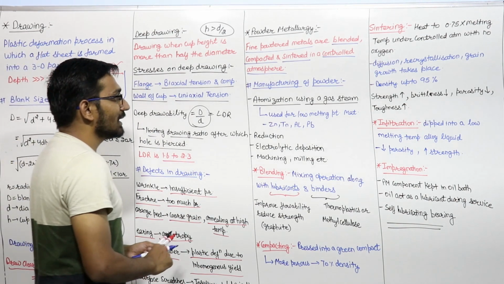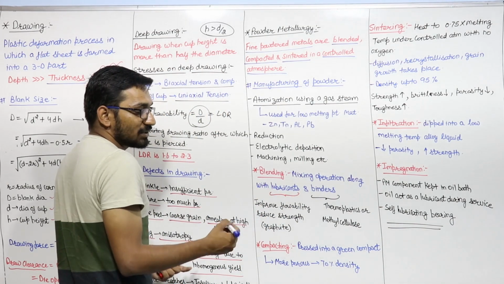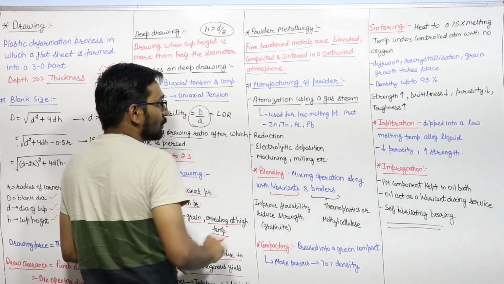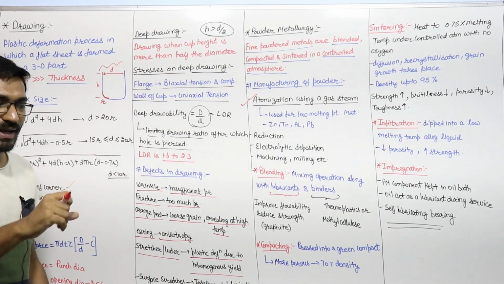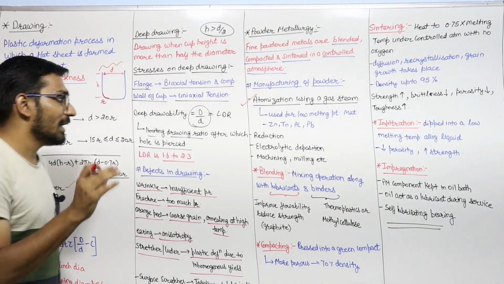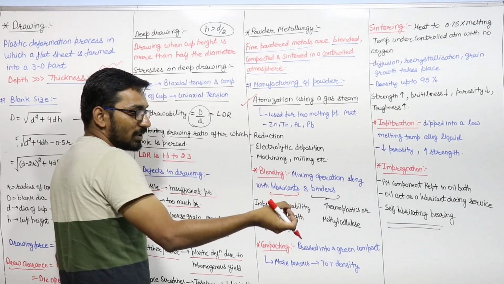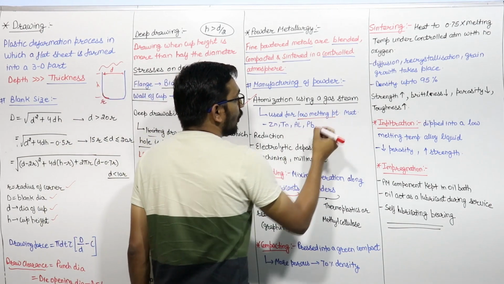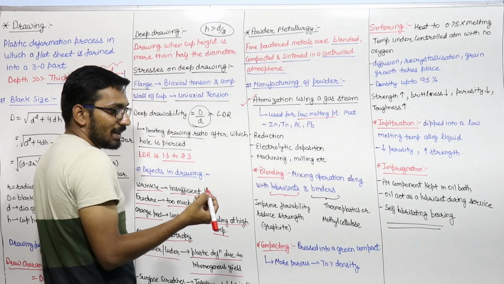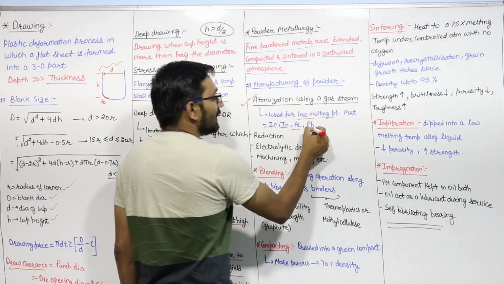So how can you manufacture the powder? There are various ways. The first one is atomization using a gas stream. We pass the molten metal through a gas stream and it atomizes. This is used for low melting temperature materials like zinc, tin, aluminium, lead.